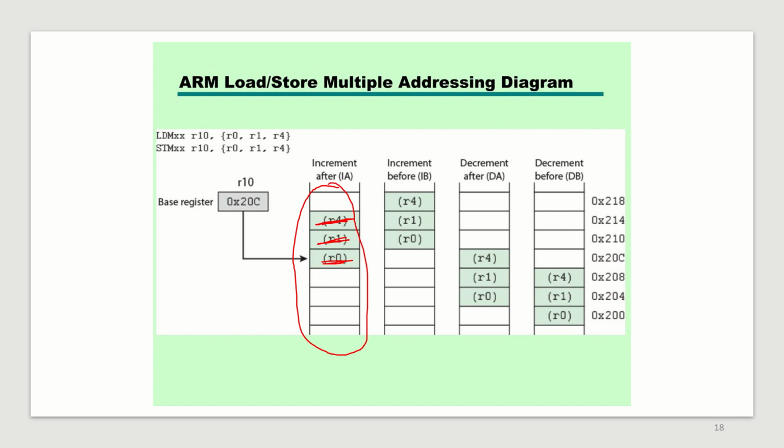In our previous discussion, we were taking the addresses from top to bottom. Here the address is taken from down to top. You can see here the address is 200, then 204, then 208, then 20C, then 210, then 214, then 218. Means it is written from down to top.